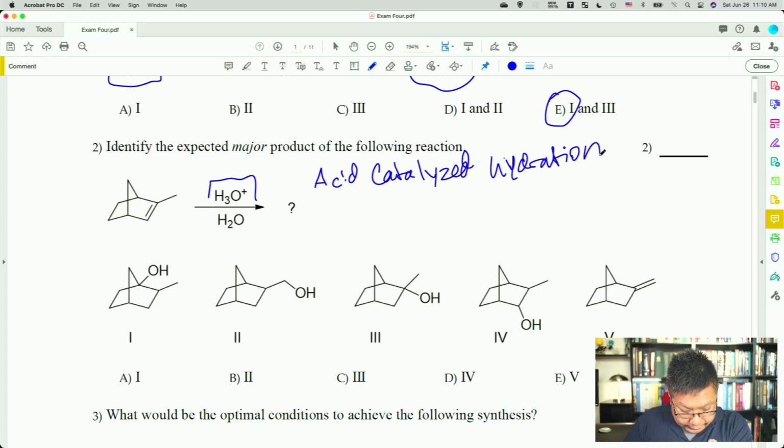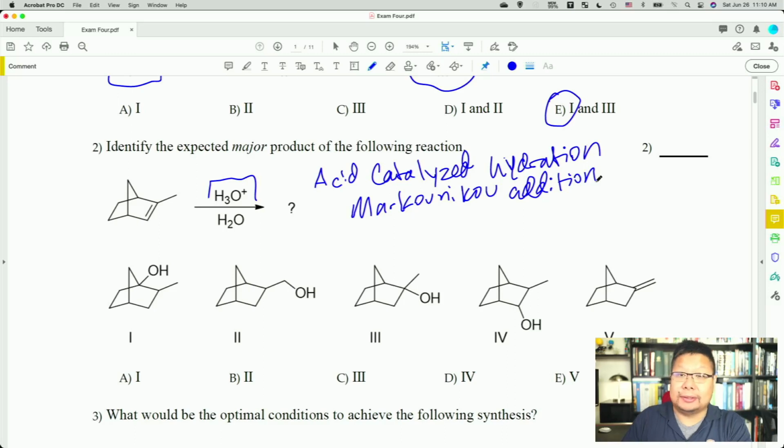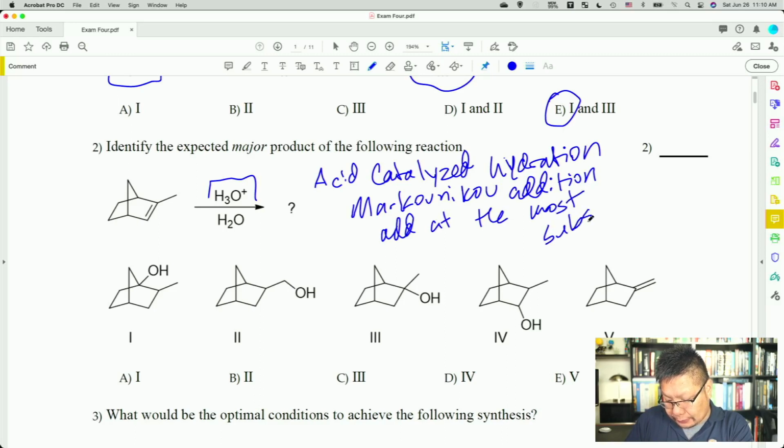If you recall, in an acid catalyzed hydration, these do Markovnikov addition of an OH. And what that means is what? It gets added at the most substituted carbon.